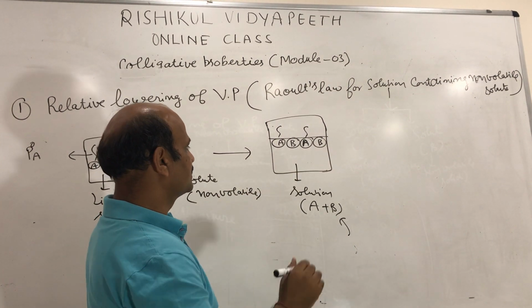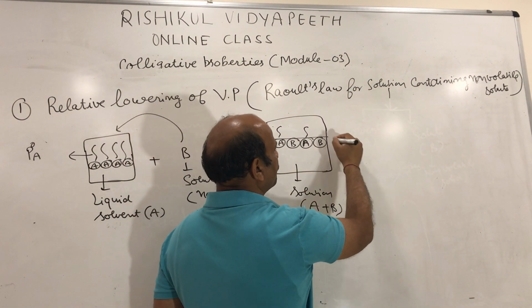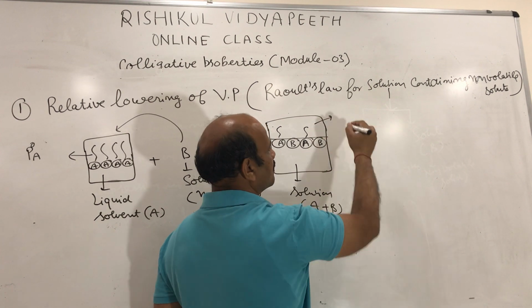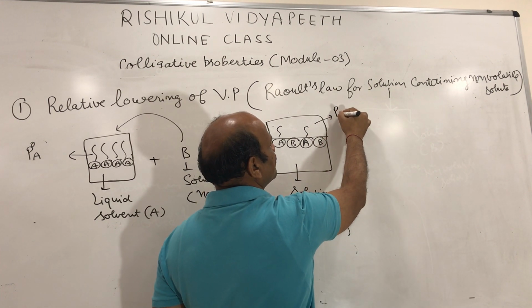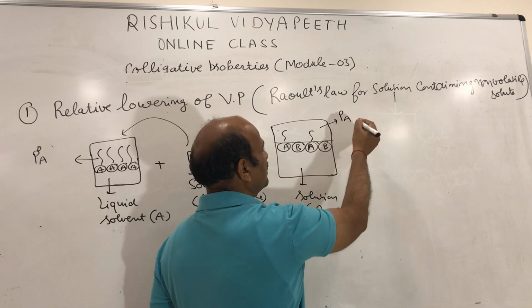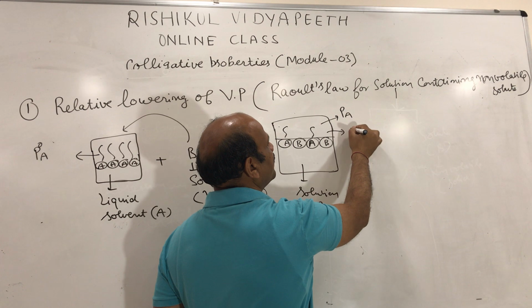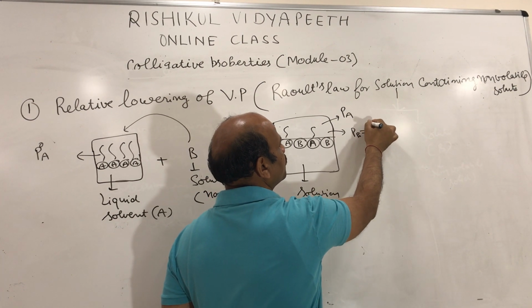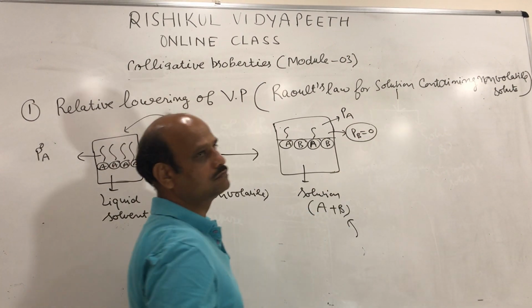So vapor pressure is shown only by A, not by B; PB is 0.